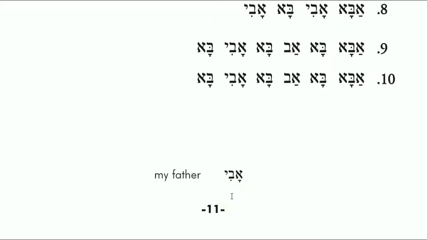The vocabulary for this lesson is the word Avi. Av Sheli, father of me, contracts down to Avi, my father. You can go further: Av Shel Ani, the father of I or me; Av Sheli, father of me; and then finally, Avi.